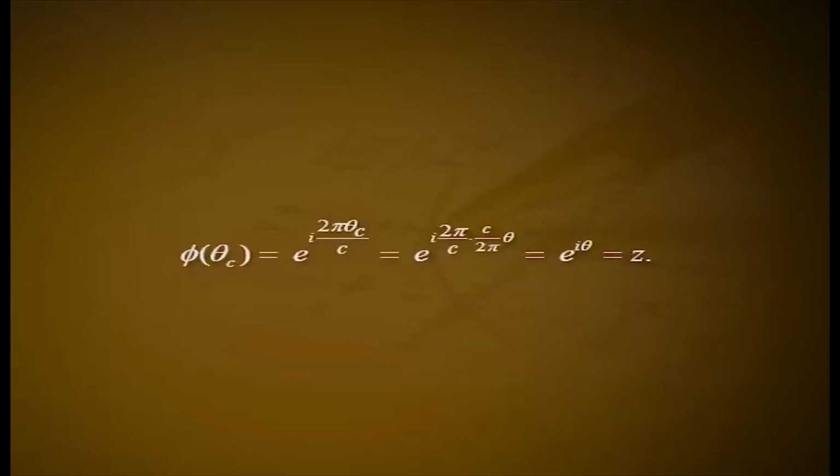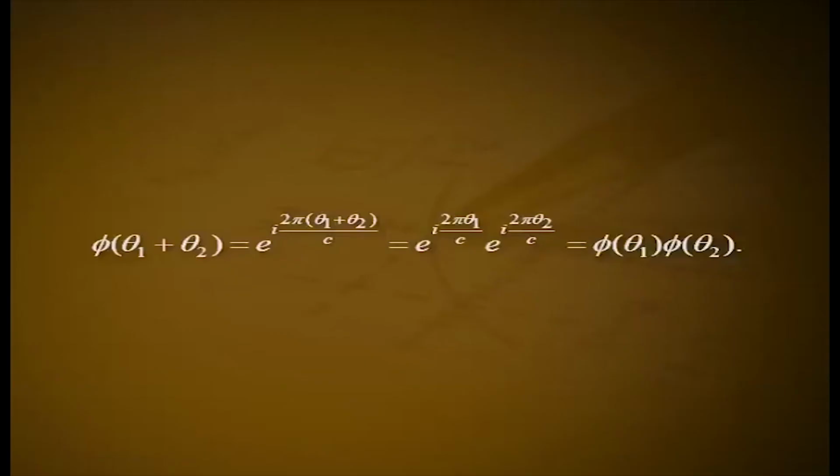Then 0 less than or equal to theta_C less than C, and phi of theta_C is equal to e raised to i 2 pi theta_C by C, which is equal to e raised to i 2 pi by C into C by 2 pi theta, which is equal to e raised to i theta, which is equal to z. Hence, phi is onto.